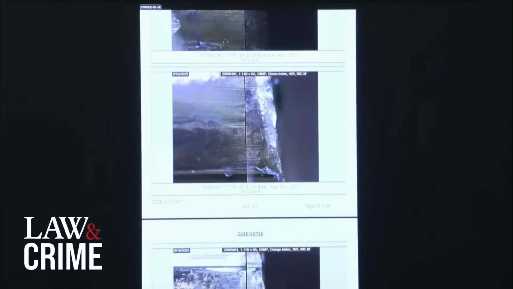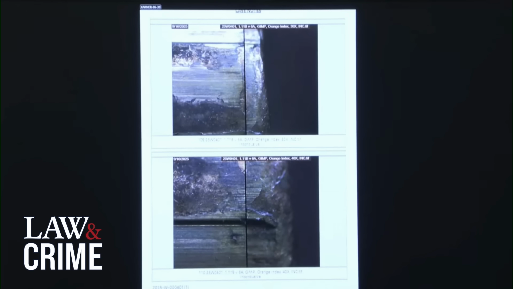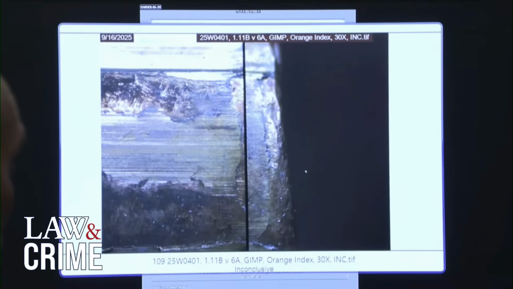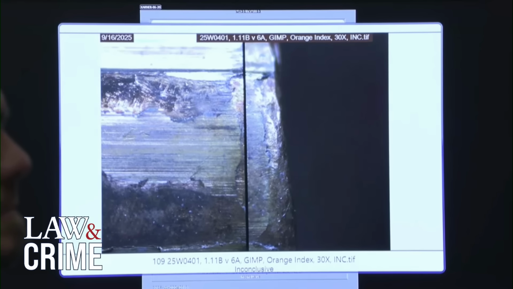And could you go to the next photo, please? Same question here, areas of disagreement. The way this photo was taken is highlighting more of the lack of microscopic marks of value.